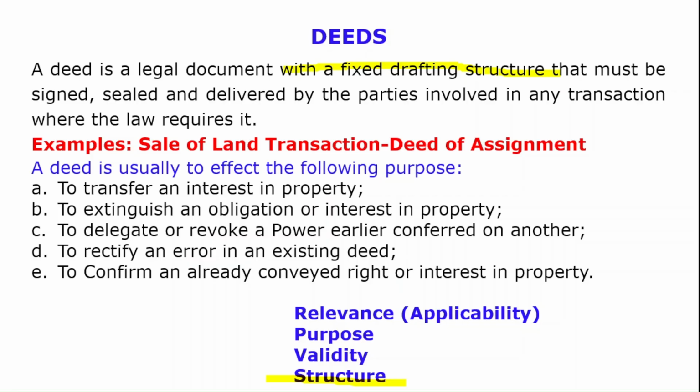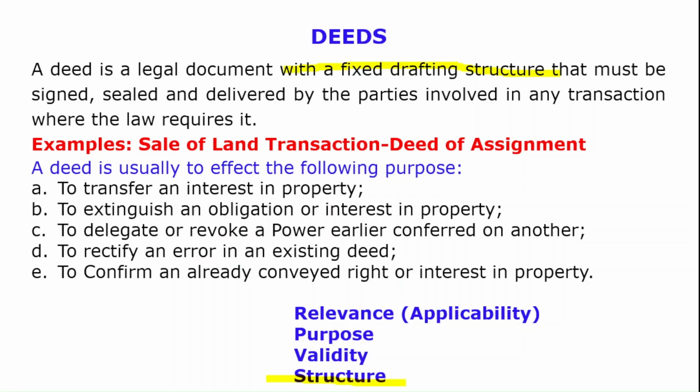Because the facts of what has transpired between the parties, that is between the assignor and the assignee, that were involved in that sale of land transaction, for instance, will be sequentially arranged. So anybody can easily pick up that deed of assignment and understand it, because you have been able to arrange the facts leading to the transaction in a sequential order by following this prescribed format.